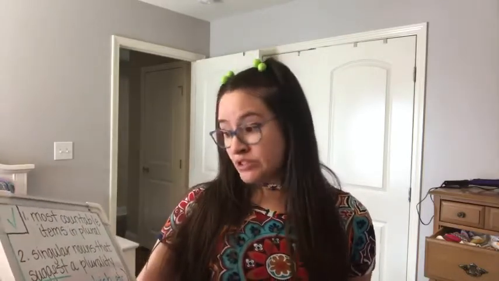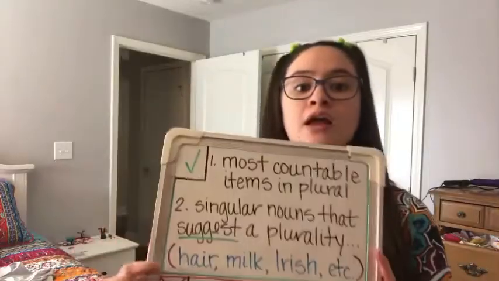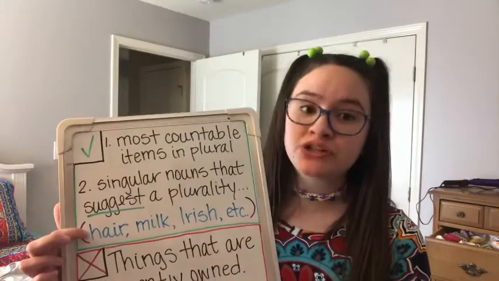A second situation when you do want to use cuid is singular nouns that suggest a plurality. For example, hair. It would be mo chuid gruaige. We do the same thing in English, like hair technically is a singular noun. The plural noun is hairs, but we don't say, my hairs are brown. No, we say, my hair is brown.